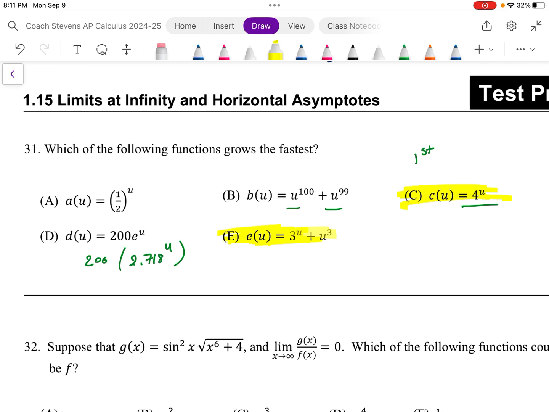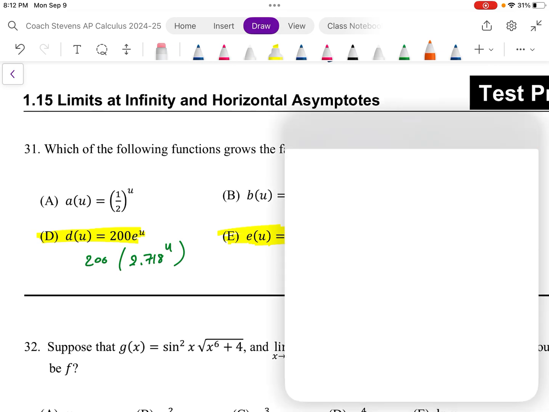The u to the third power really isn't going to help it. It's just the 3 to the u that you'd want to pay attention to. Those are my 3 I'm looking at, because we have a number bigger than 1 being raised to a variable power. Now I just have to think about who's going to grow the fastest. Well, who's got the biggest base? 4 has got the biggest base.